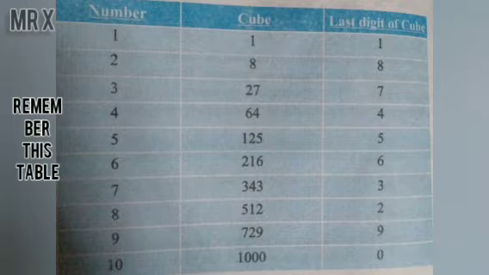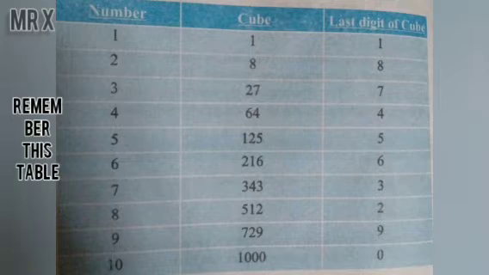For 1, the cube is 1, so the last digit of the cube is also 1. For 2, the cube is 8, and the last digit is 8. For 3, the cube is 27, and the last digit is 7.